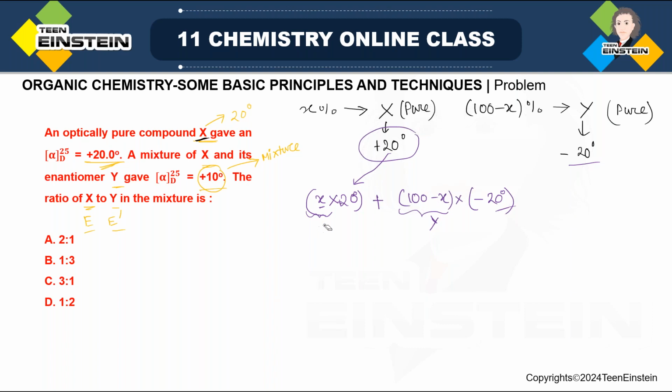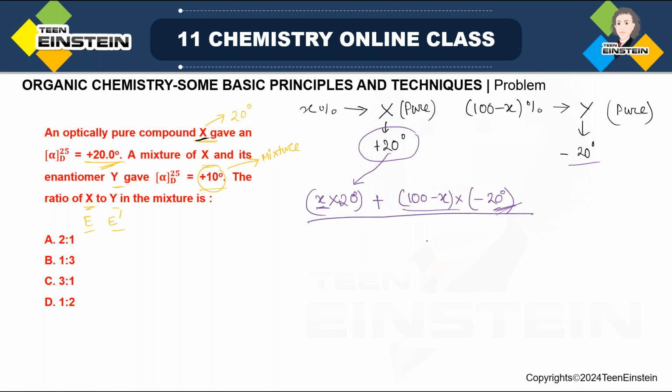So why are we writing it in this way? Because we know this 20 degree is for X, and that rotation we are getting depends on x as the percentage. So obviously the remaining percentage is for Y, and just like we multiplied x with plus 20 degree, in this case we will multiply with minus 20 degree.